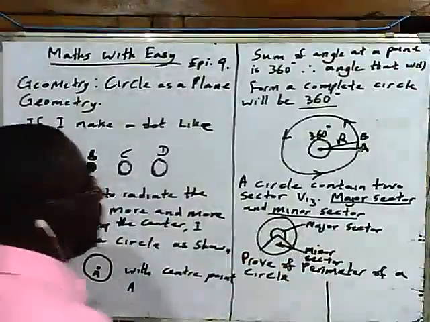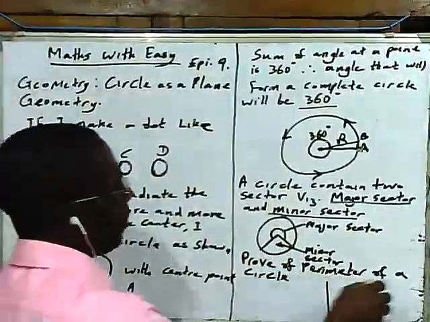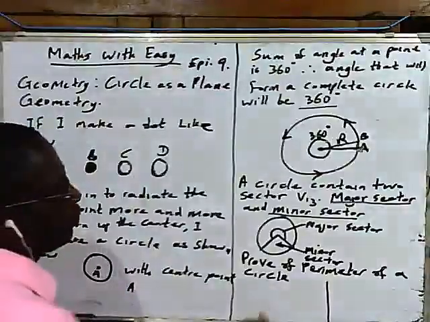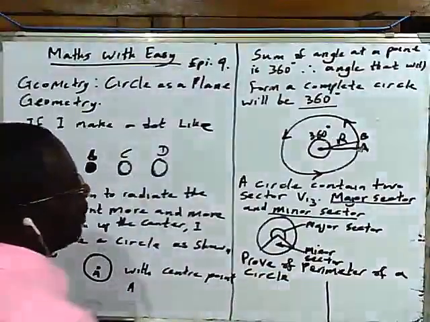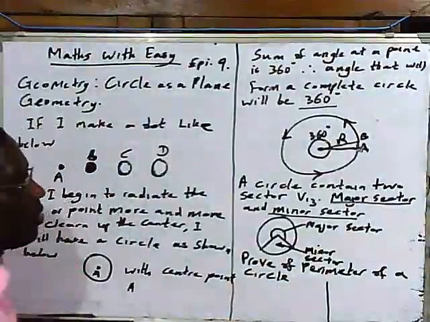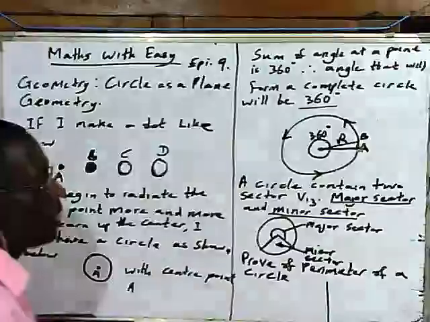But for today, we want to prove the perimeter of a circle. I know at home you might have already gotten the formula, but how do they come about this formula? That is what I'm after.